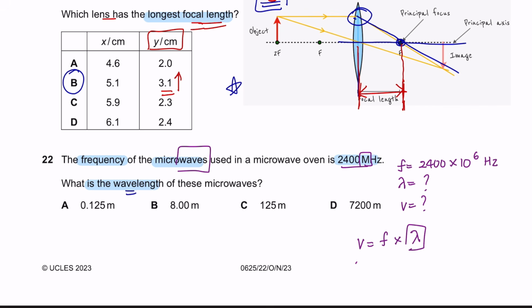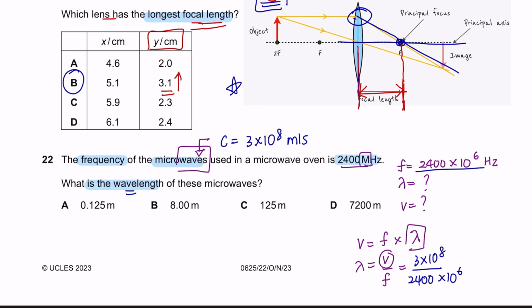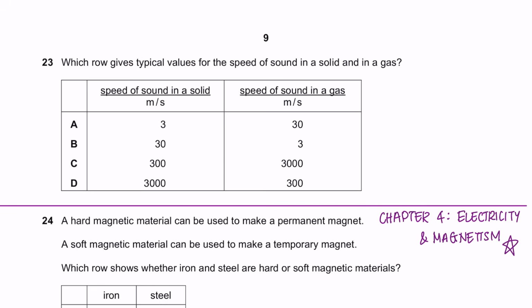So to calculate lambda, we rearrange this, giving us v over f. The v here, velocity, is the speed of the microwave. The speed of all electromagnetic waves is equal to the speed of light, which is 3 times 10 to the power of 8 meters per second. So just substitute the values of frequency and velocity into your formula, and you will get the value of lambda in meters, which is 0.125.